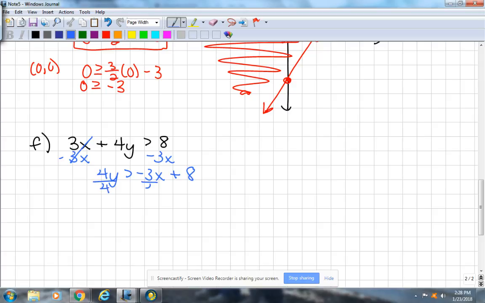Divide everything by 4. Do I have to flip the symbol this time? No, because it wasn't negative. So y is greater than negative 3 over 4 x plus 2. So now we're in slope-intercept form.